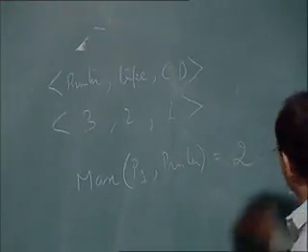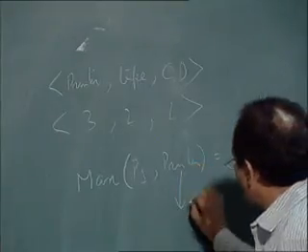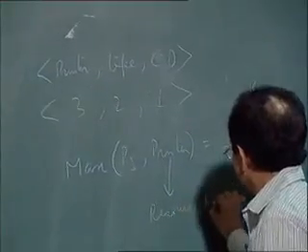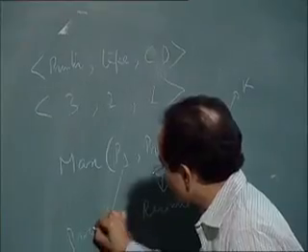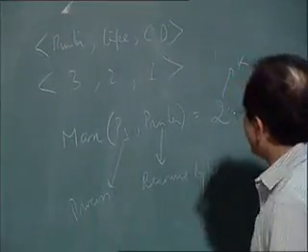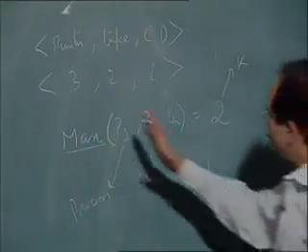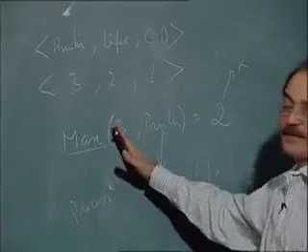So, this is the value of k, this is the resource type, and this is the process. This is the matrix which we call maximum, that is, the maximum resources required by each process.